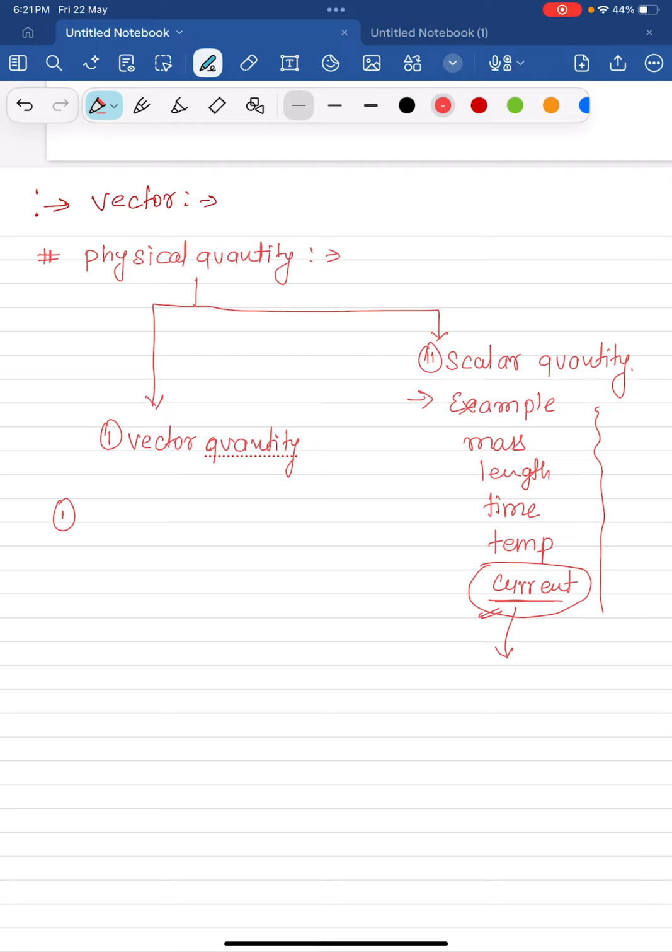So for a vector quantity, it should have magnitude as well as direction, and it should follow the vector rule of addition.